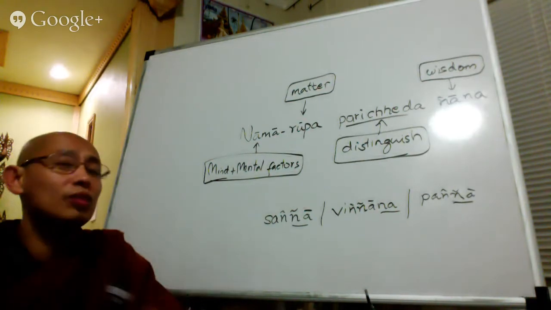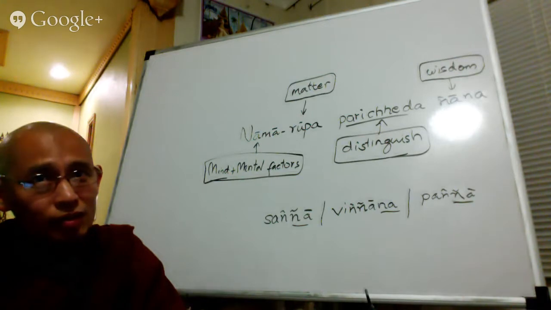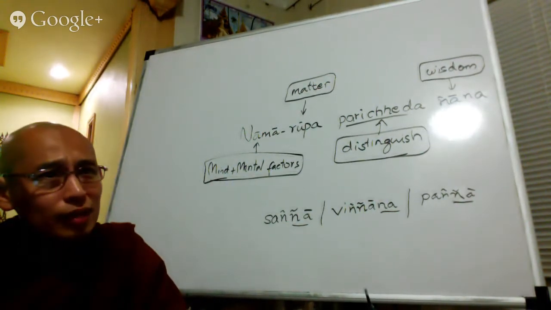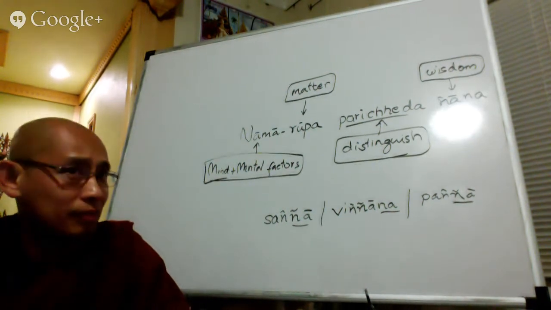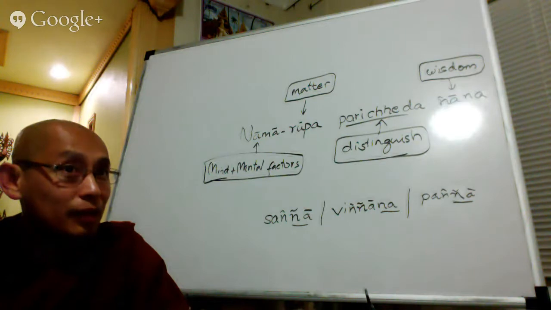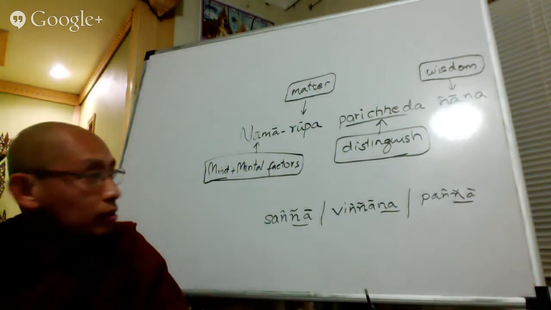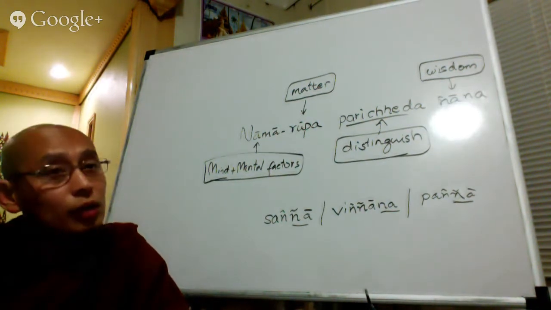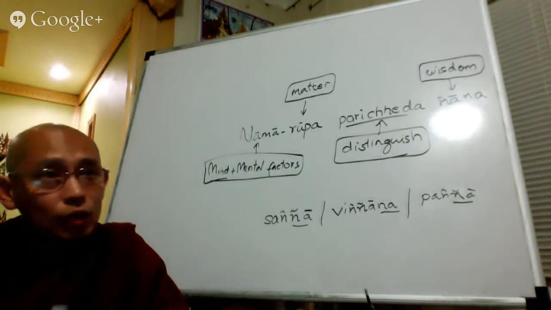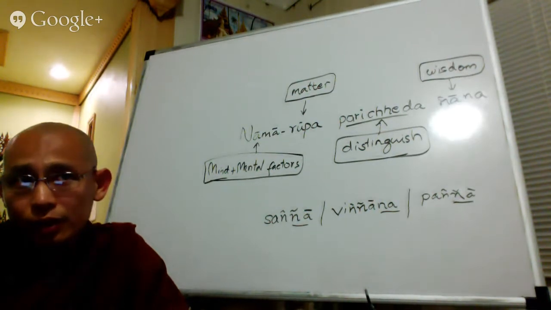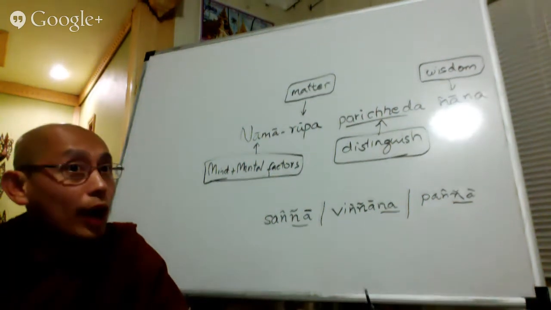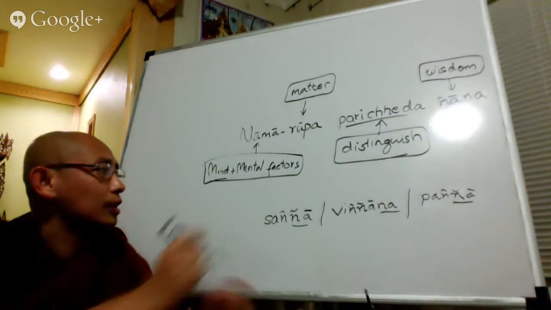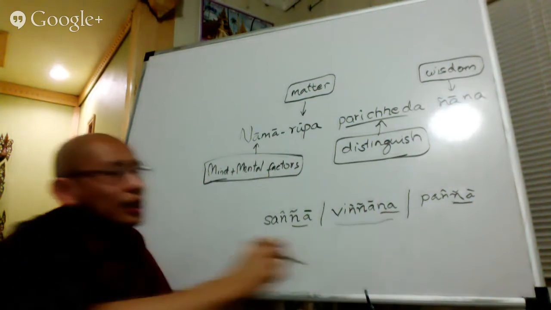The child knows only the shape, round, and the picture, but doesn't know the value of that coin. But the villager or adult knows very well, not just the shape and the picture. He knows the value of the coin. So this looks like vinnana.